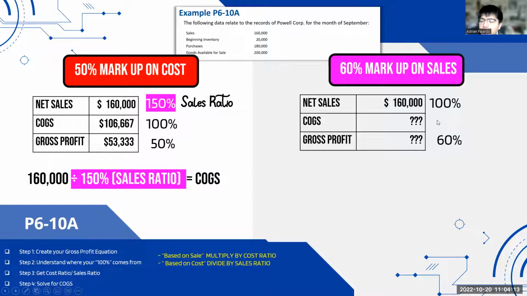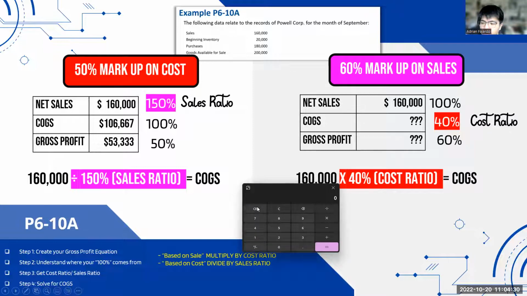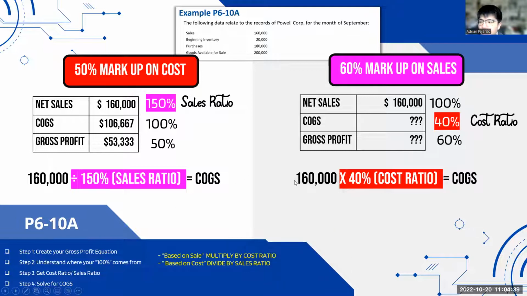But we know that 40% of this will be your cost ratio, right? So we already know the cost ratio. So 160,000 times the 40% cost ratio would be your cost of goods sold. So 160 times 0.4, we already know COGS is 64. And again, gross profit is 96, right?